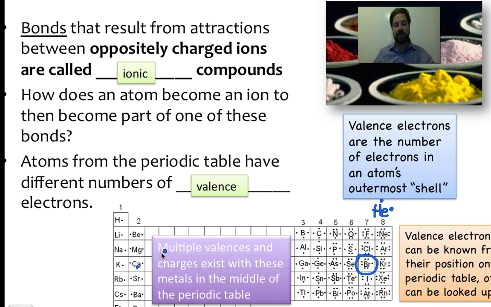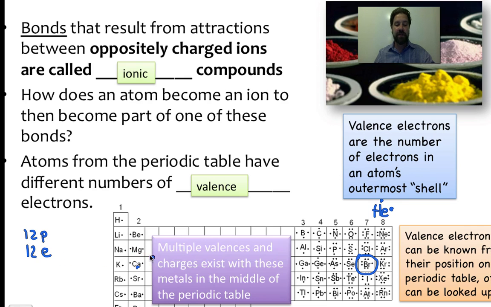If you think about it in terms of numbers, neon is atomic number 10. That makes sodium 11, and that makes magnesium 12. Okay? So if I have 12 protons, let's just say I have 12 electrons as well because I'm magnesium.